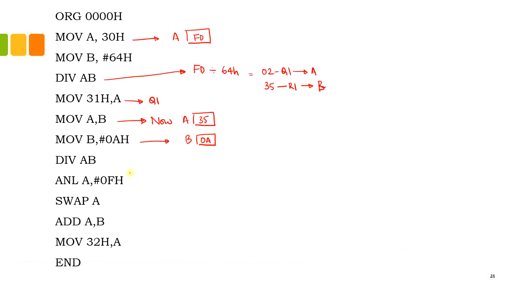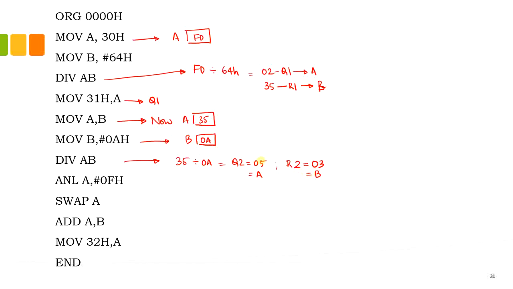Now you are going to divide A by B. So the result of this will be 35 divided by 0A. This will give you the quotient 2, which will be equal to 0,5, and it will give you the remainder 3, which will be equal to 0,3. The quotient will be in the accumulator, remainder will be in the B register.